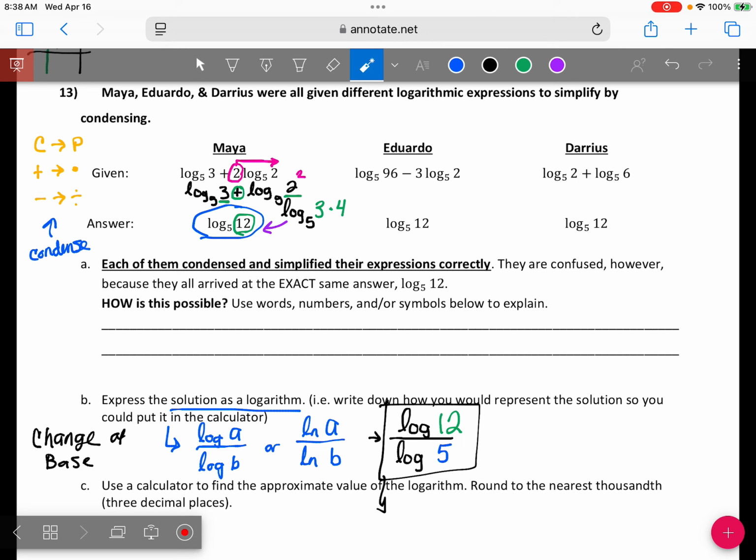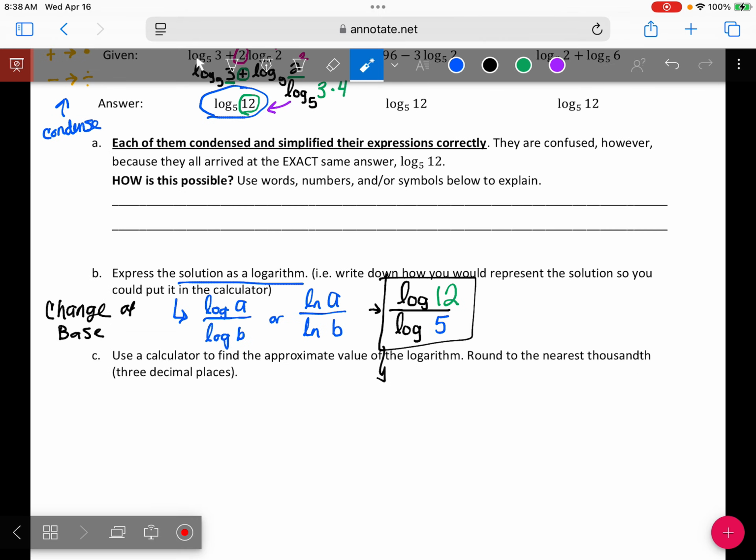That's a different setup than 2 times 2, which is a very different setup than 2 squared. But all 3 of those problems just equal 4. So these are 3 different problems that all wind up with the same kind of gross decimal answer. That's what part A is looking at.